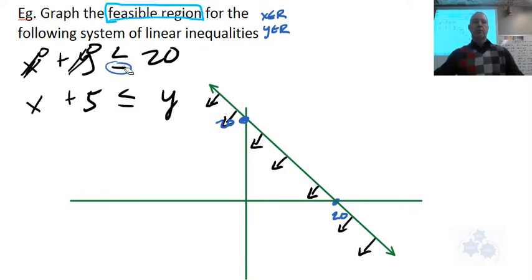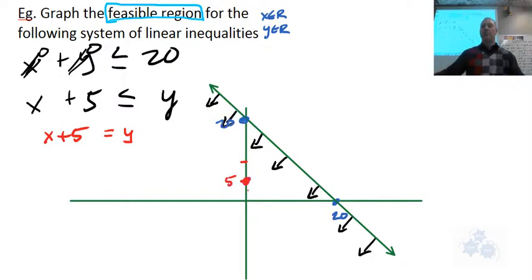Okay, so this is going to be y equals x plus 5, right? That's the corresponding equation, and again, that's going to be the boundary for the second inequality. So we have 5. Okay, so let's see. If this is 20, this would be 10, this would be 5.